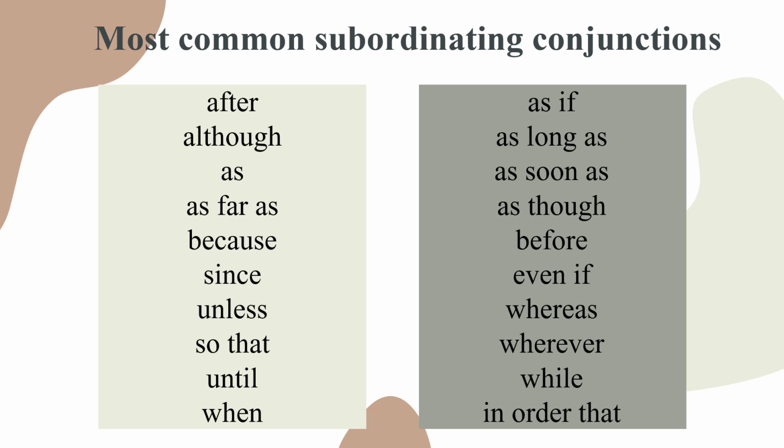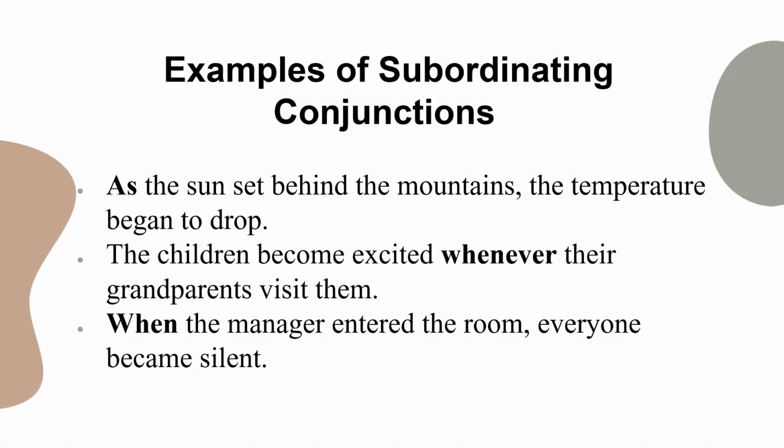After, although, as far as, because, since, unless, so that, until, when, as if, as long as, as soon as, though, before, even if, whereas, wherever, while, in order that.